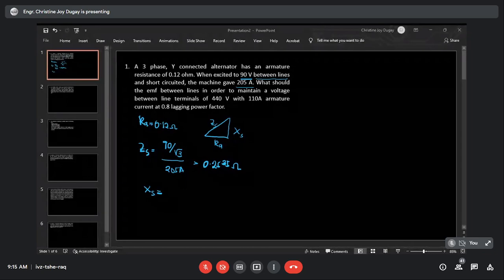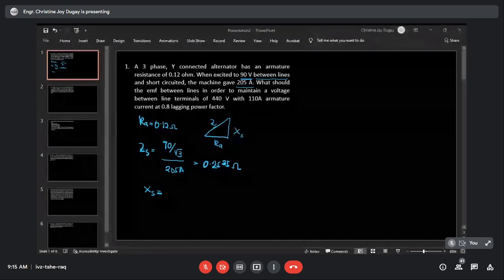How about Miss Christine? Christine May Gabuan, nandyan ka po ba? Miss Gabuan? Ma'am, yes. Can you please solve for the value of XS? And type to our chat box.